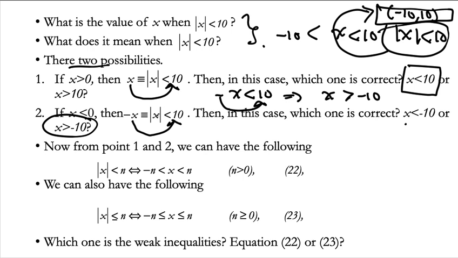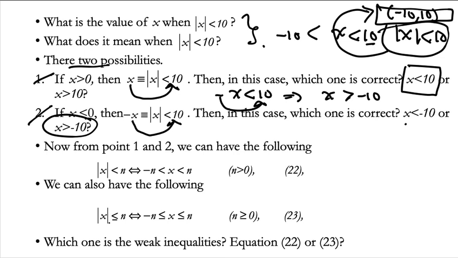Okay, so here from point number 1 and point number 2, we can have the following. Look at expression 22. The absolute value of x is less than n implies that x is between minus n and n. Look here, 10. Okay, we use 10 as the n value here. And we can also have the following, 23.